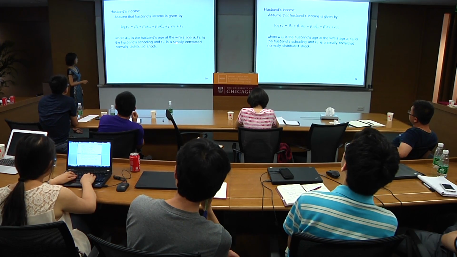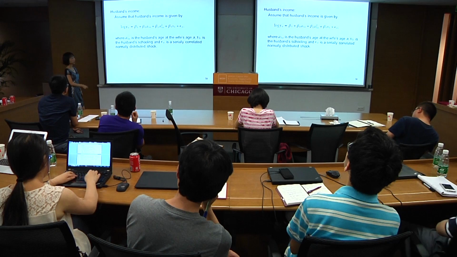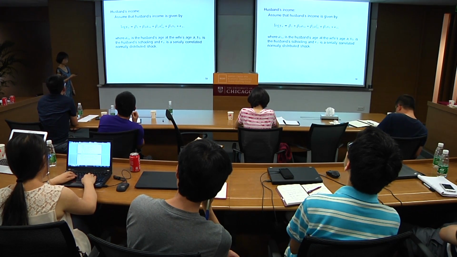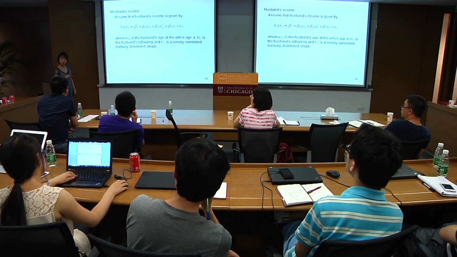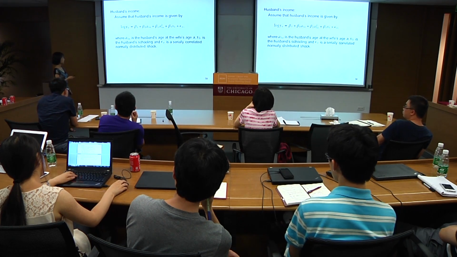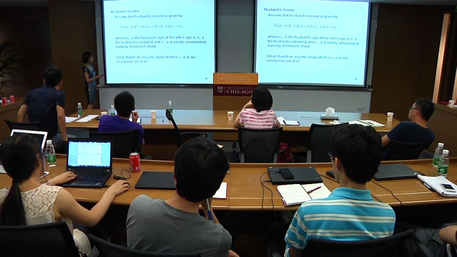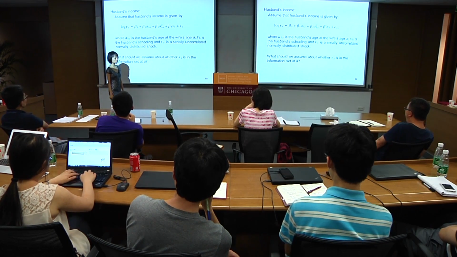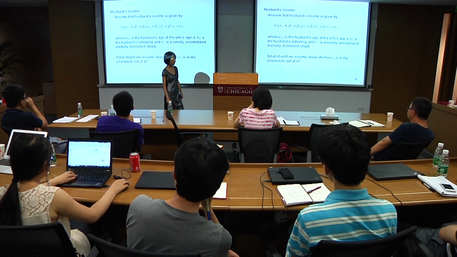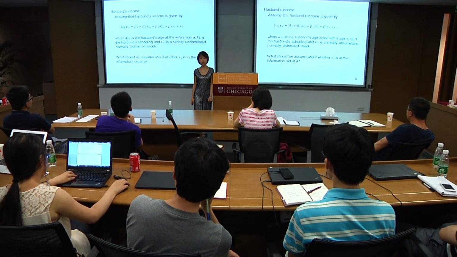And we allow the epsilon A to be serially correlated, and it's a normally distributed shock. And what should we assume about whether this shock is in the information set at A? That means when the wife makes a decision to participate or not, we already assume she knows the wage offer.